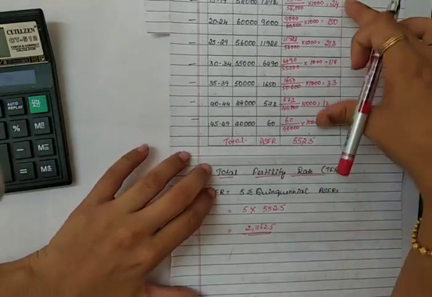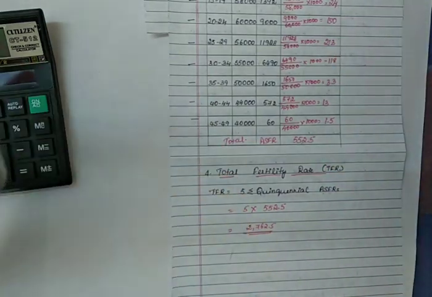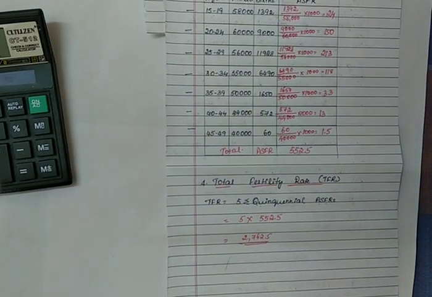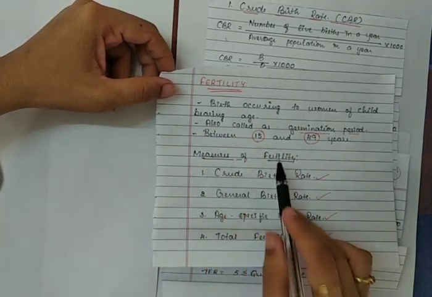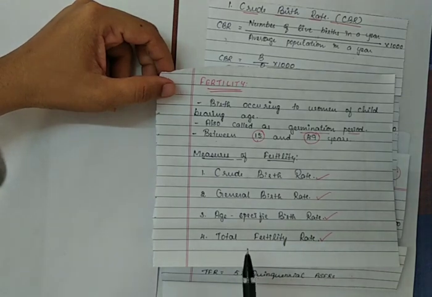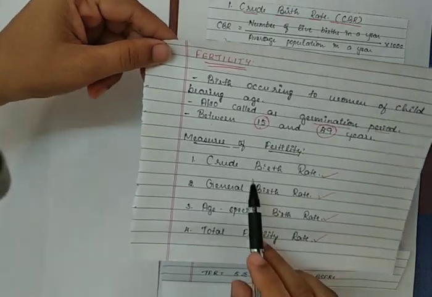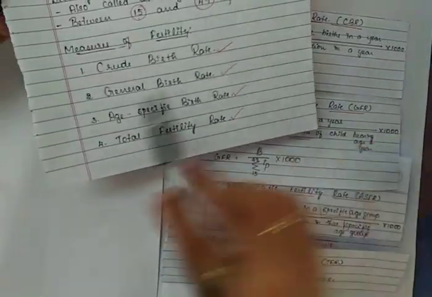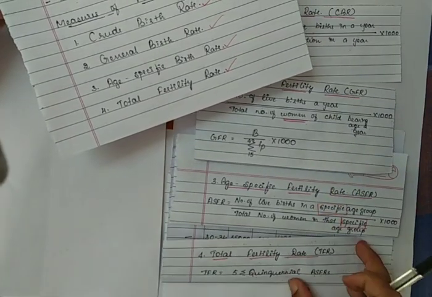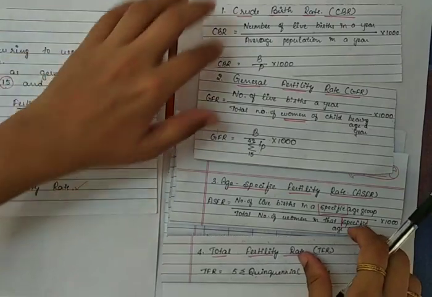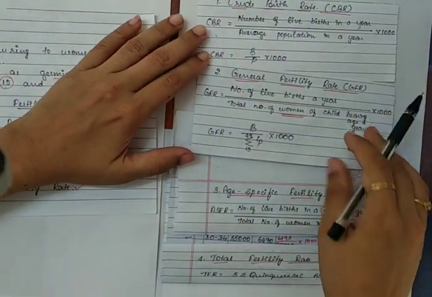So total fertility rate is just a continuation of ASFR, that is age specific fertility rate. So that's all about the fertility and the different methods or measurements of calculating fertility. Crude birth rate, general fertility rate, age specific fertility rate, and last one is total fertility rate. And here in all the formulas, first thing is common.